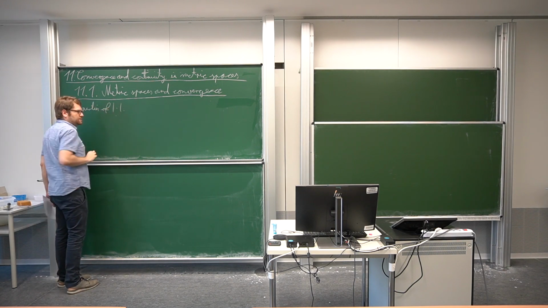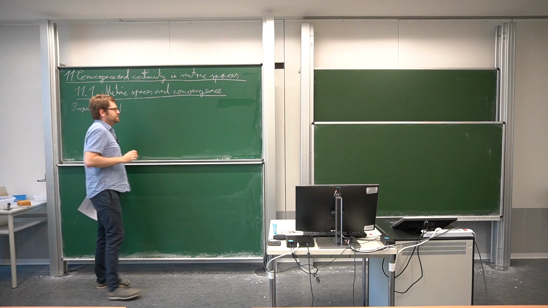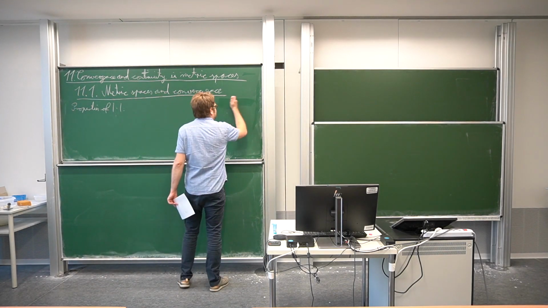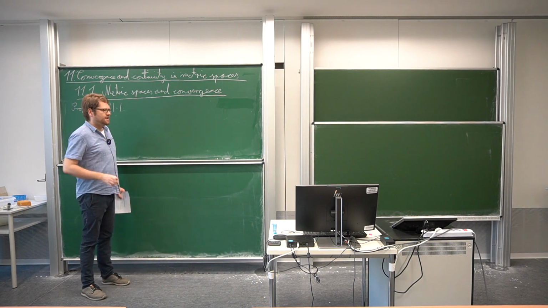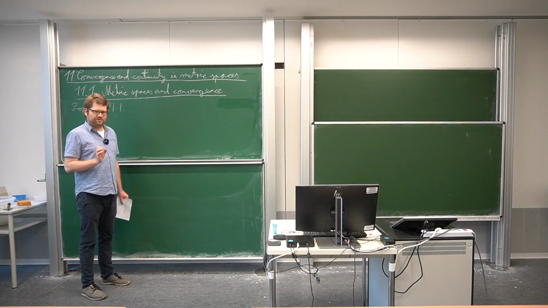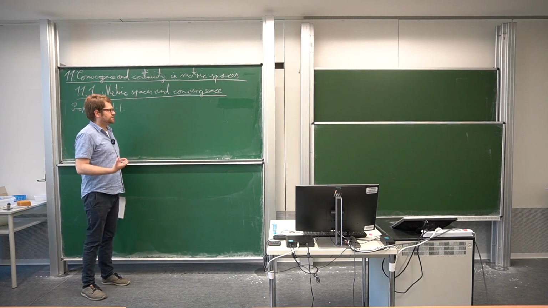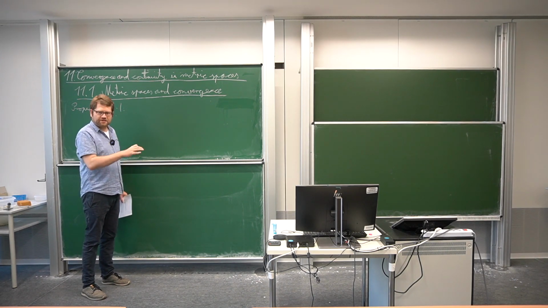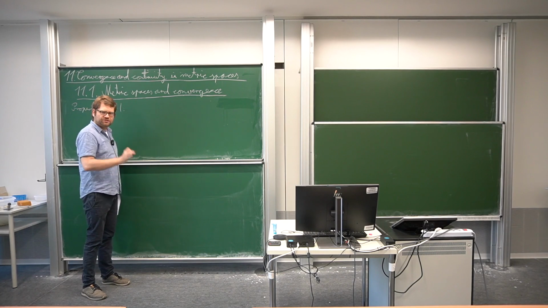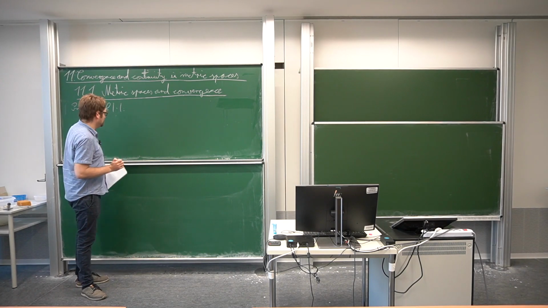The absolute value had some properties which were useful, namely, we had seen that if the absolute value of something goes to 0, then the term inside must go to 0 as well. This is how we show that if the absolute value of xn minus a goes to 0, this shows the convergence of xn to a. So this is a property that we need.